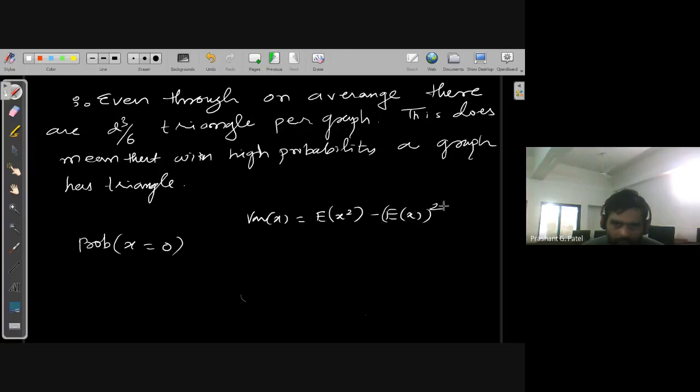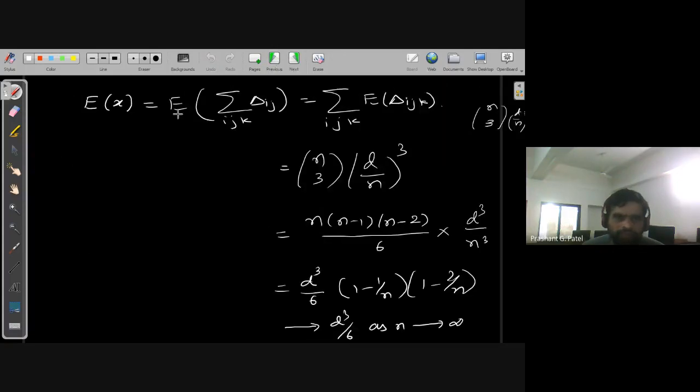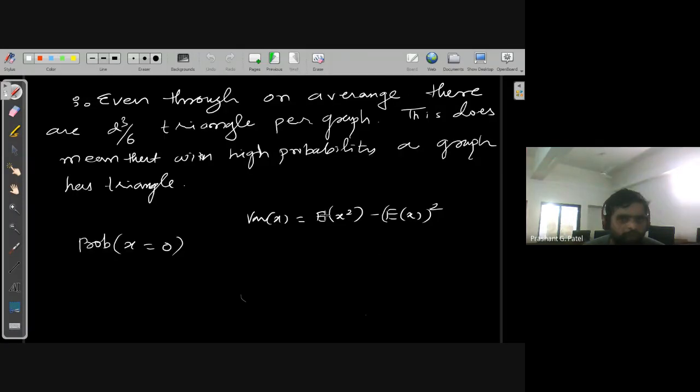E x square is easy to calculate because e x we already have. The question is to calculate the value of expectation of x square. X square is nothing but the triangle square. So now there are 6 vertices together. It may be 6 or there are different situations we need to look out for.